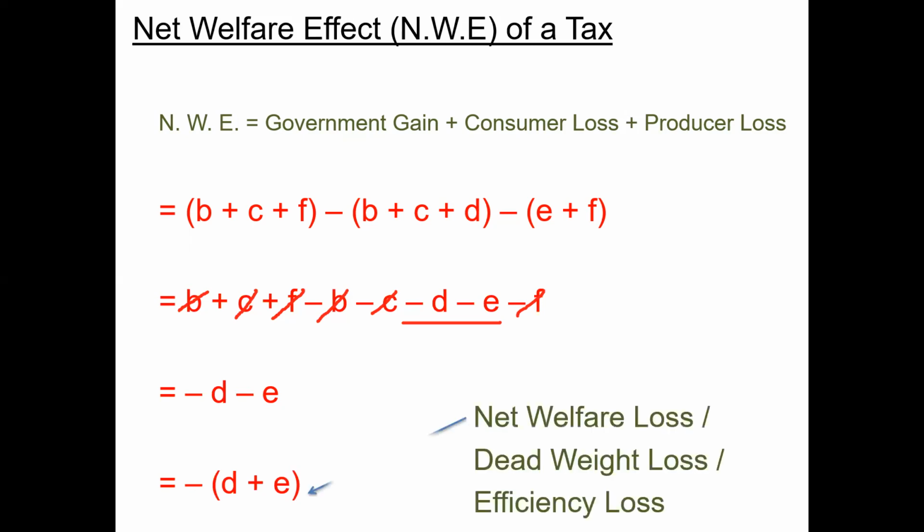We call this net welfare loss, or dead weight loss, or efficiency loss. All these terms refer to the same idea. We complete this under the net welfare effect. Write everything starting from the equation.